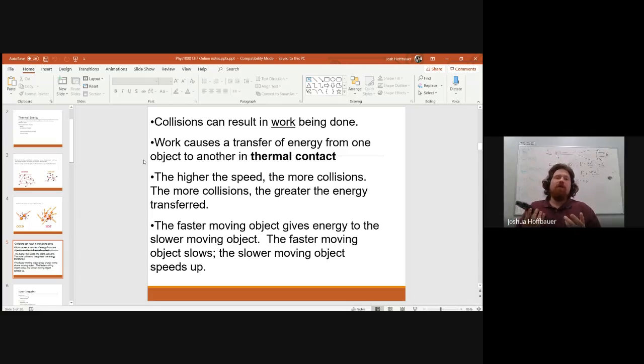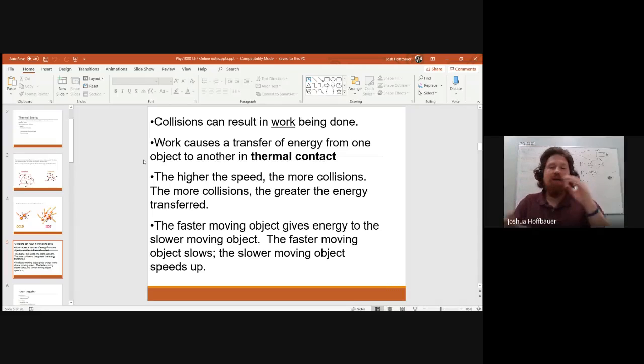When two objects are touching and thermal energy can transfer between them, we refer to that state as thermal contact. So when you touch anything, that is a state of thermal contact. It is direct contact with an object that can give you or take away from you thermal energy.